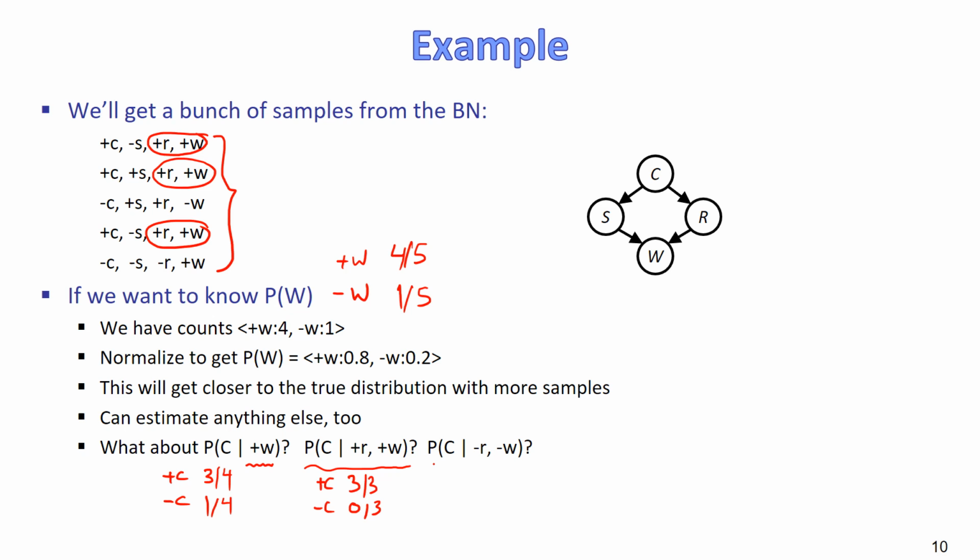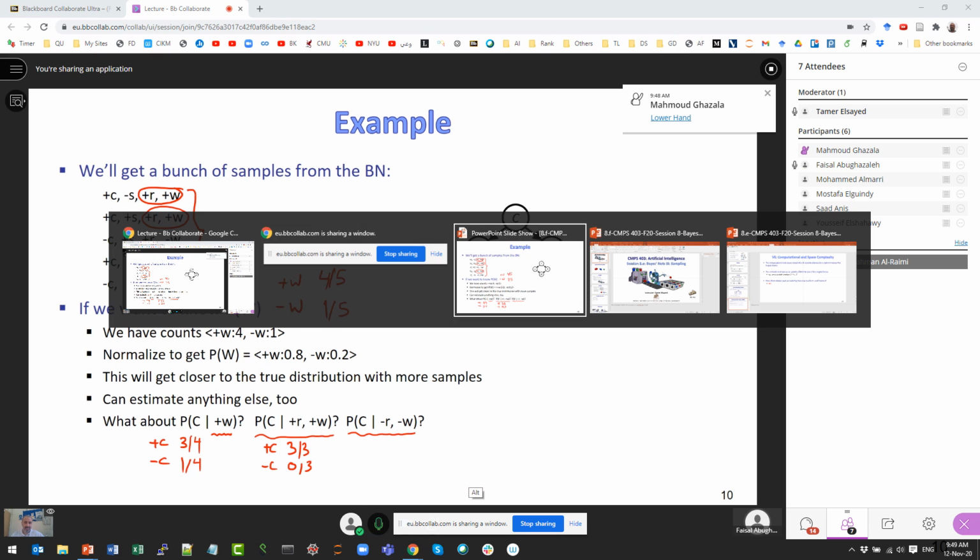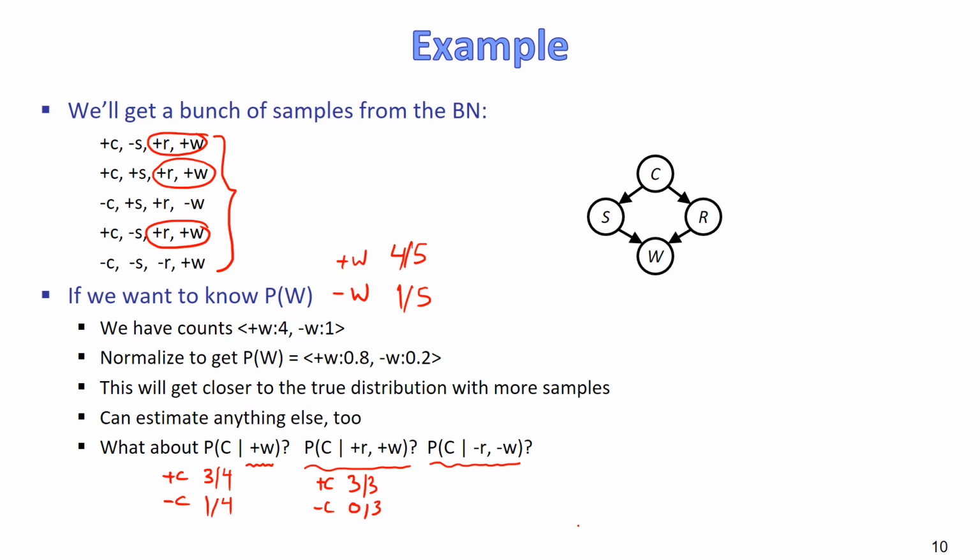I want someone else to do this with me. Faisal, I think you raised your hand. Yes. Can we do that with me? We don't have any. But what does that mean? The probability is 0?